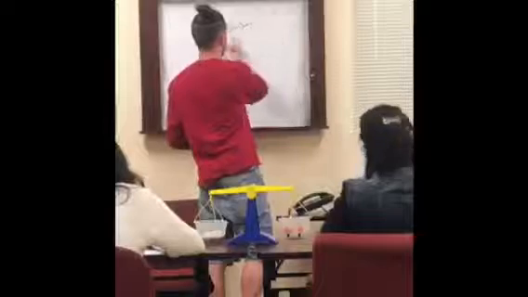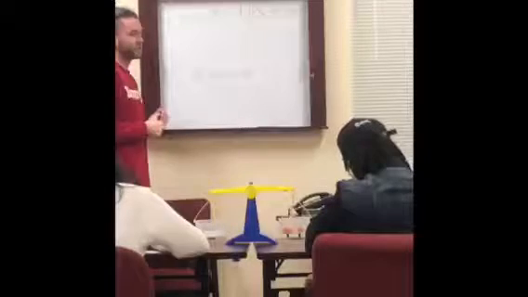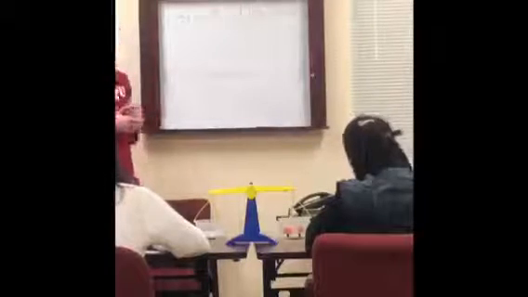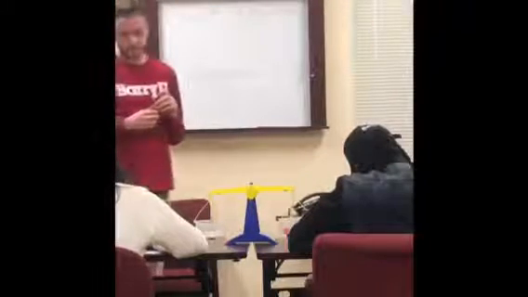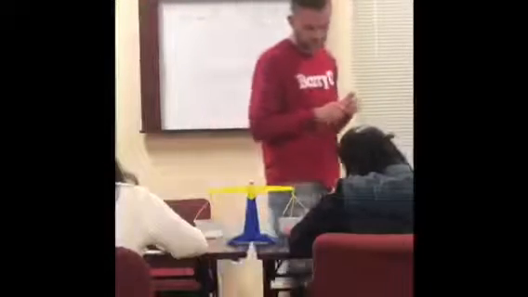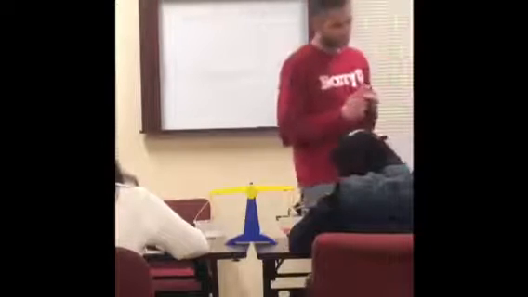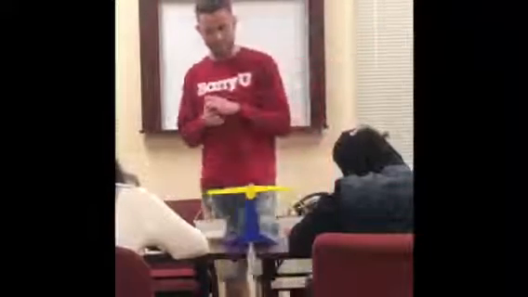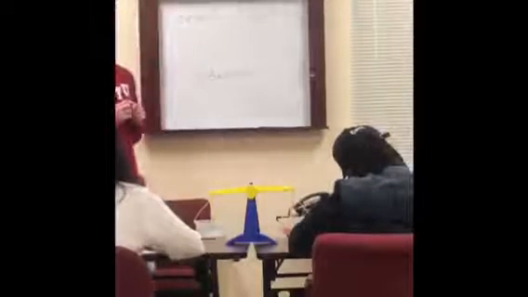For the last one, I want you to do this one by yourself. It's 3x plus 5 equals 17. Do that real quick by yourself. When you're done, look your eyes up here.